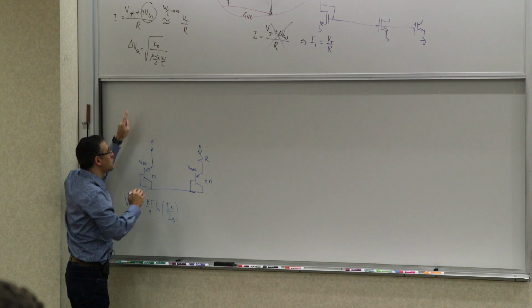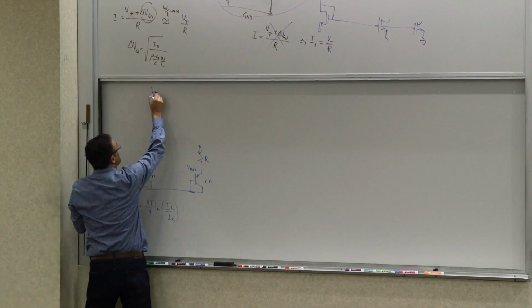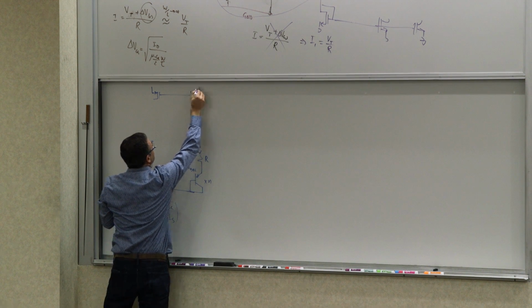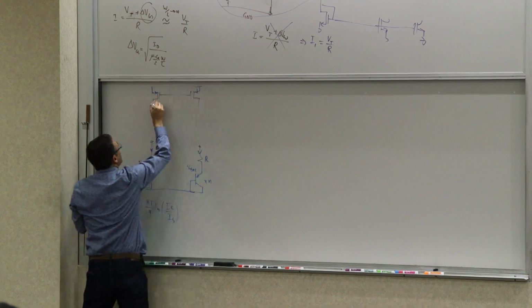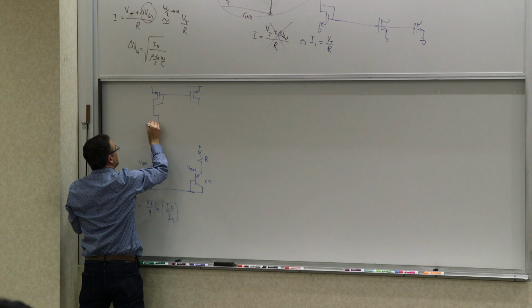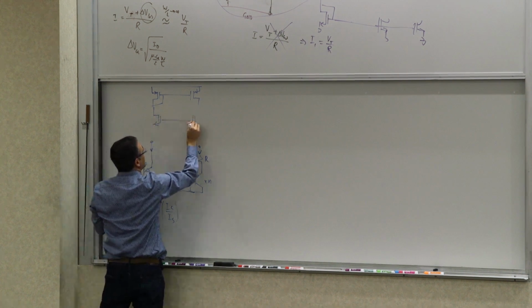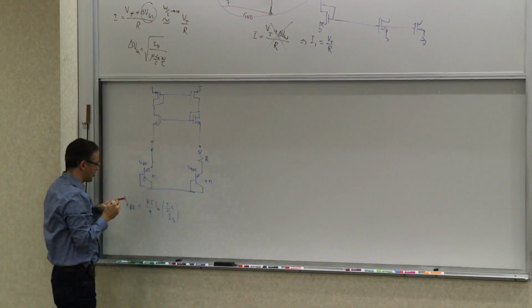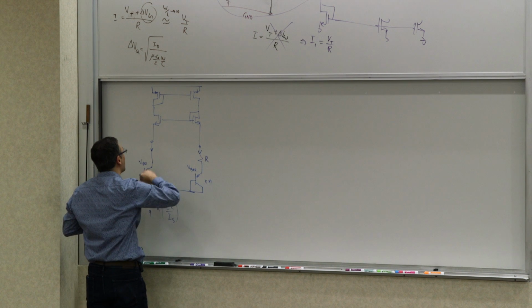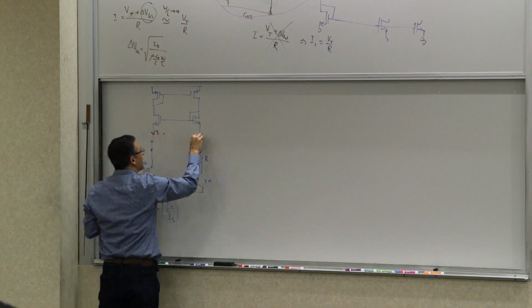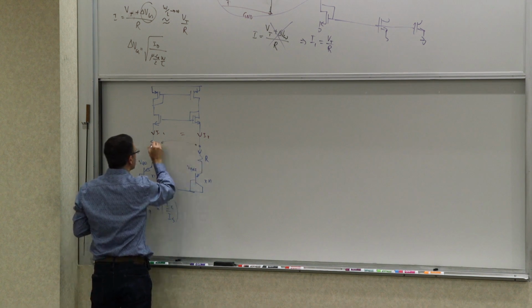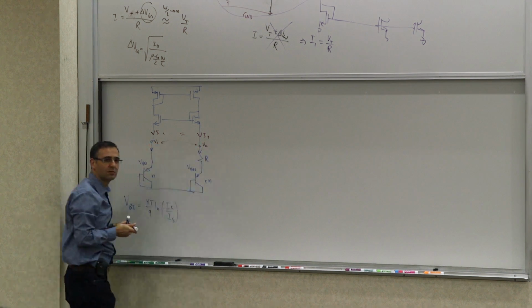So you can have a current mirror, it can be MOSFET or bipolar. And then you can have the other element, which is the floater or isolator. And what these two do in combination is that they force these two currents to be equal, and they force these two voltages to be equal.